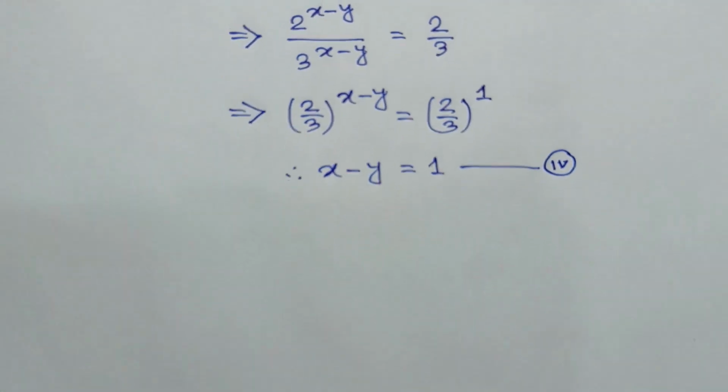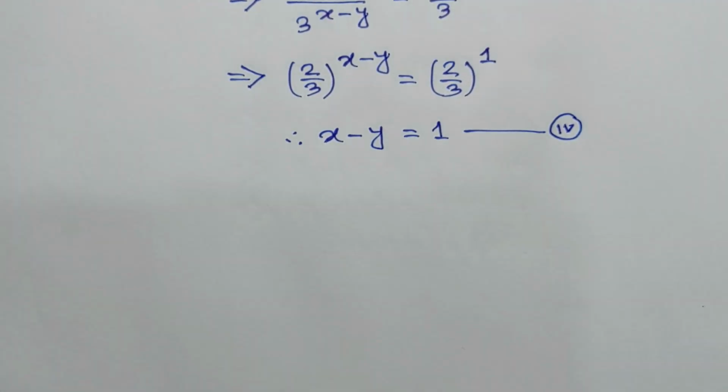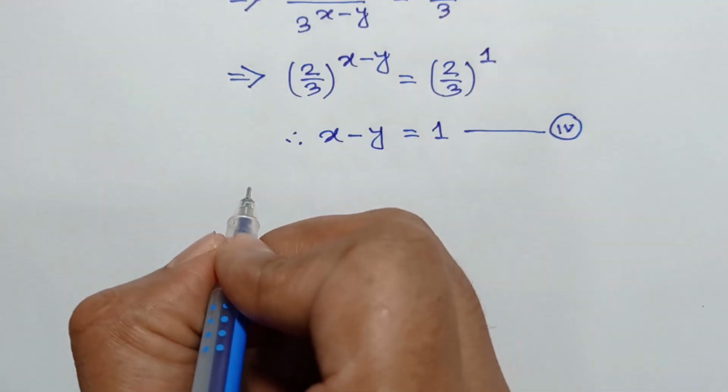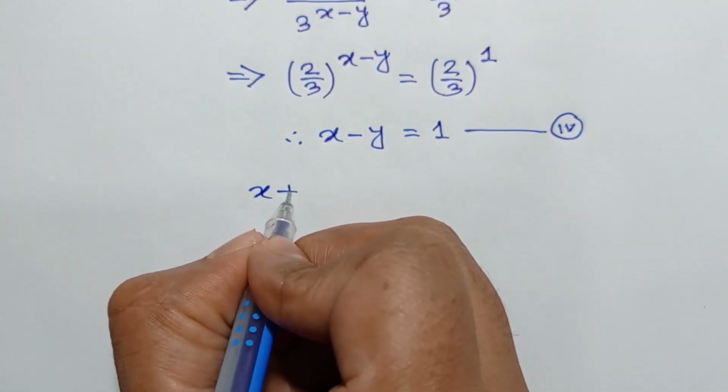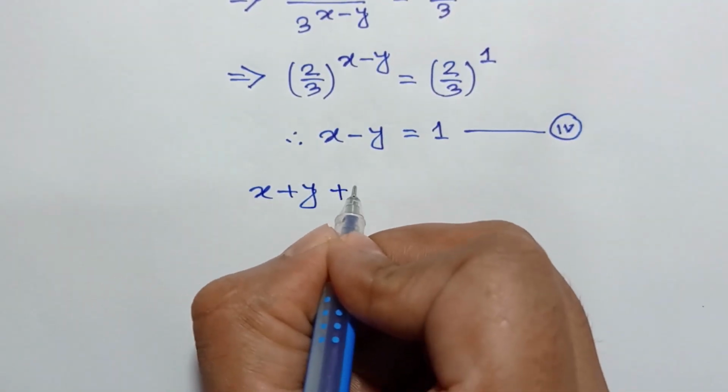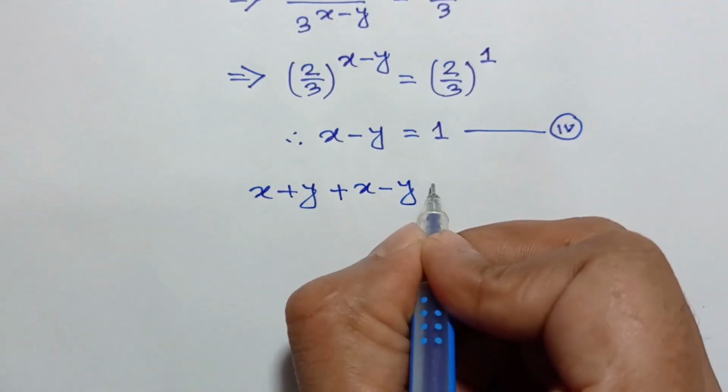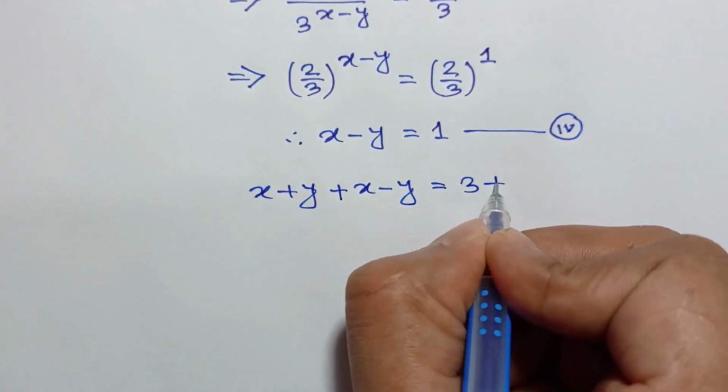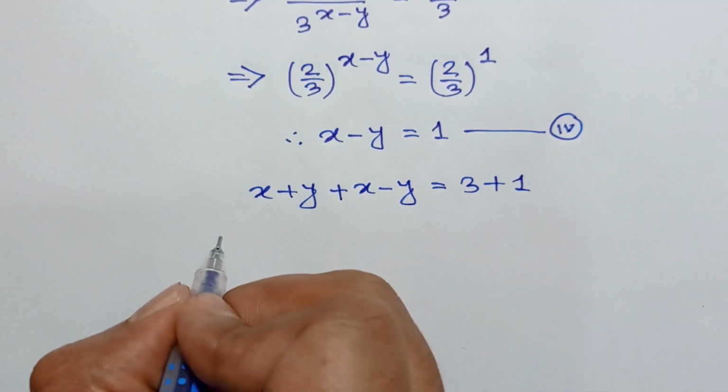Now if we add equations 3 and 4, we will have x plus y plus x minus y is equal to 3 plus 1.